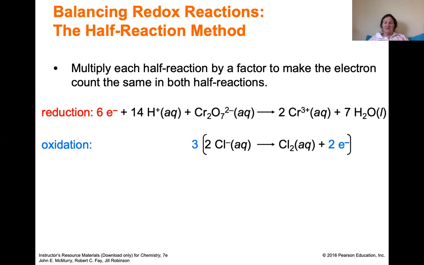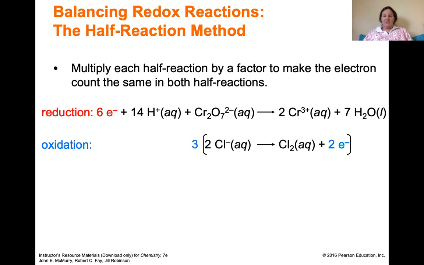Before we add them together, we have to know that in the reduction process, which is consuming electrons, the electrons are reactants, and in the oxidation half reaction, electrons are products. If a reaction is taking place, you have to have an equal number of electrons gained by something as the other half reaction is giving up.